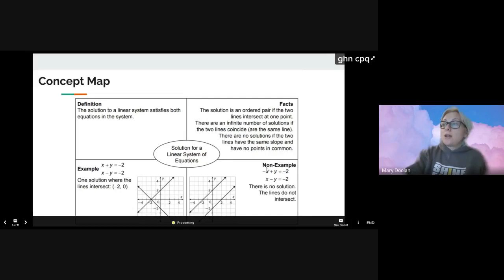So this is a non-example, which means where there's not a solution: negative x plus y equals negative 2, x minus y equals negative 2. If we look at the graph of those two lines, it turns out they're parallel lines. These never cross. They never intersect, so there is no solution.